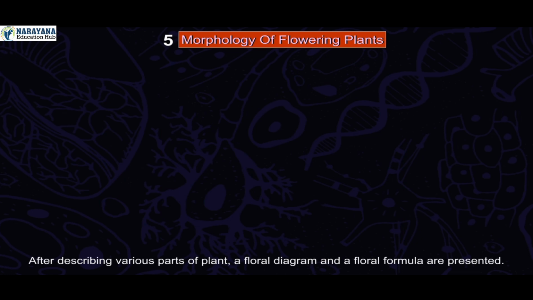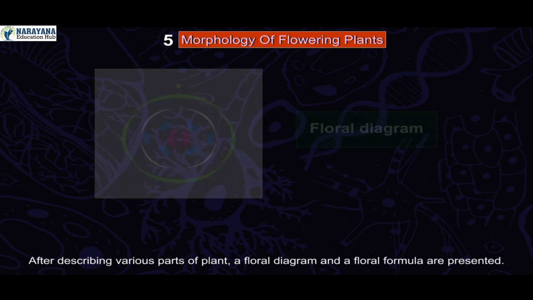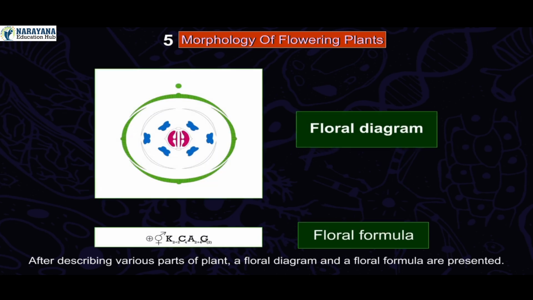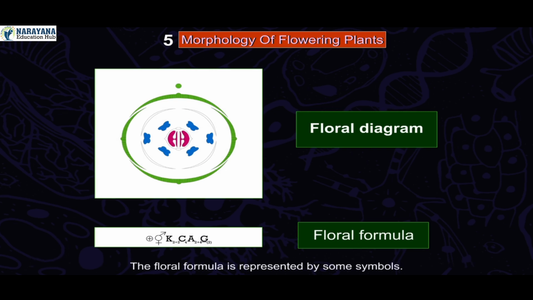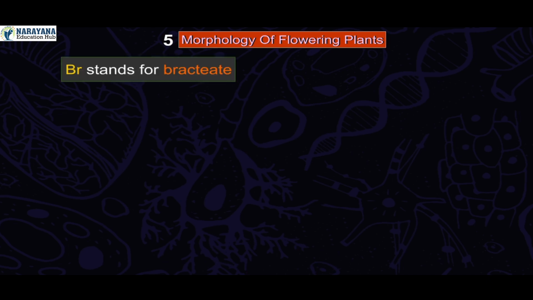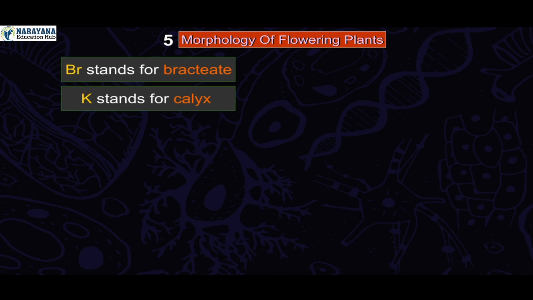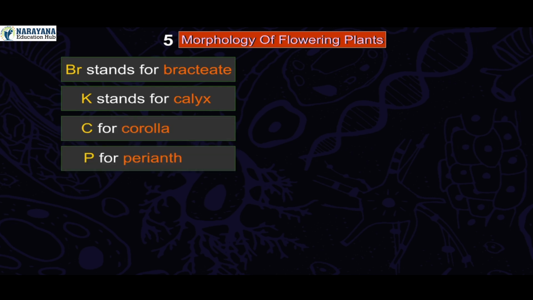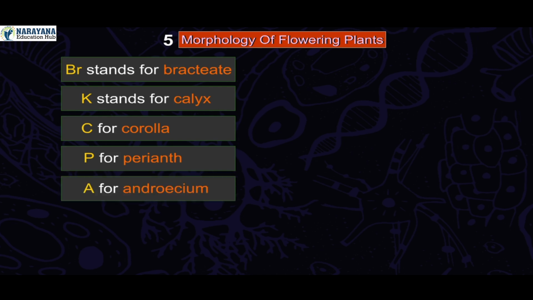After describing various parts of the plant, a floral diagram and a floral formula are presented. The floral formula is represented by some symbols. In the floral formula, this stands for bracteate, this stands for calyx, this for corolla, this for perianth, this for androecium, and this for gynoecium.